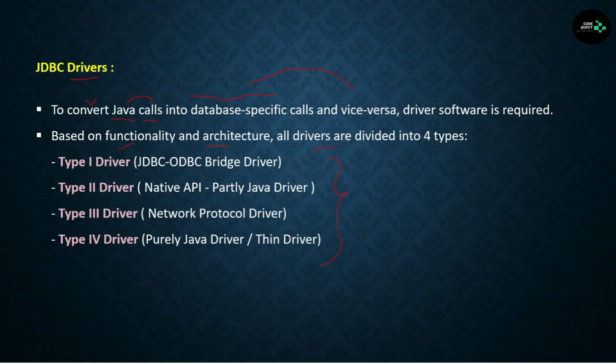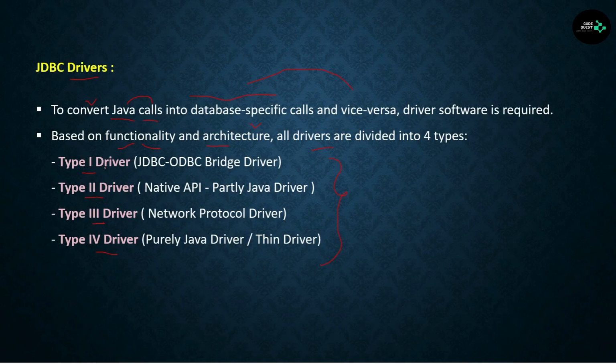And these 4 categories are completely based upon the functionality, how they work, and their architecture. Namely, we call them type 1 driver, type 2 driver, type 3 driver, and type 4 driver.